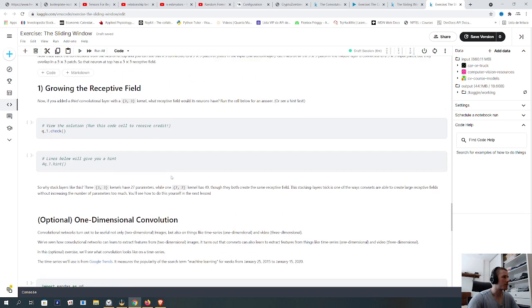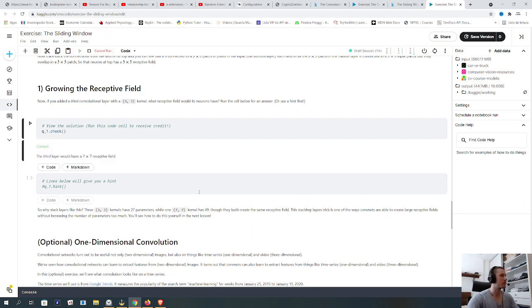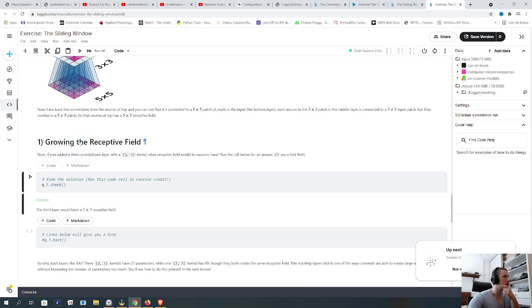Now you've added a third convolutional layer with a 3 by 3 kernel. What receptive field would its neuron have? Run the cell below for an answer. Oh, how is it possible to know? If we add a third convolutional layer.